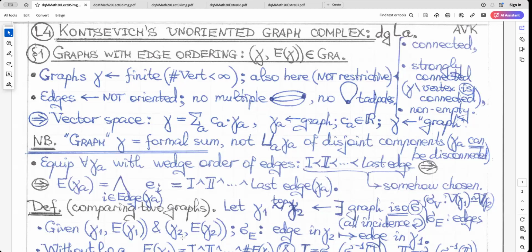I shall mean a graph in which somebody, maybe you, somehow ordered the edges. Let this edge be first, let this edge be second, let this edge be third, let this edge be last. So a graph for us will be a pair: just a topological incidence, which vertex is incident to which vertex along an edge, and the ordering of edges. Total ordering. Just in the meantime, let us have one first, second, 1, 2, 3.